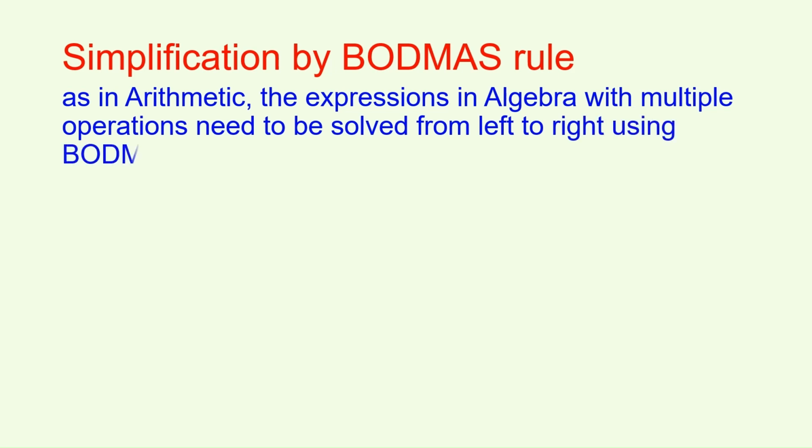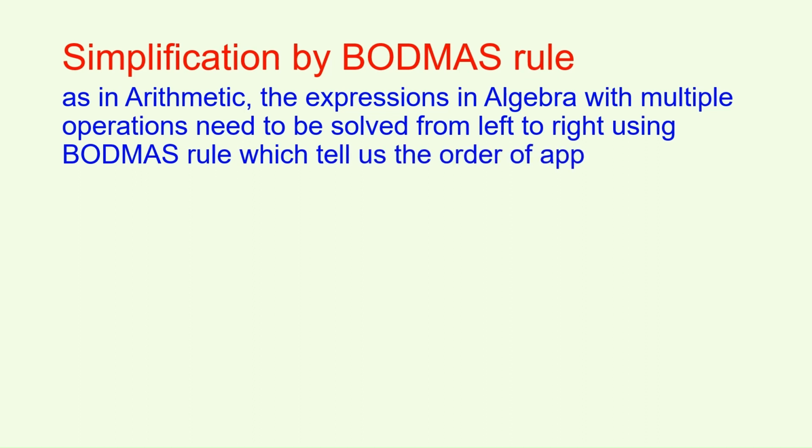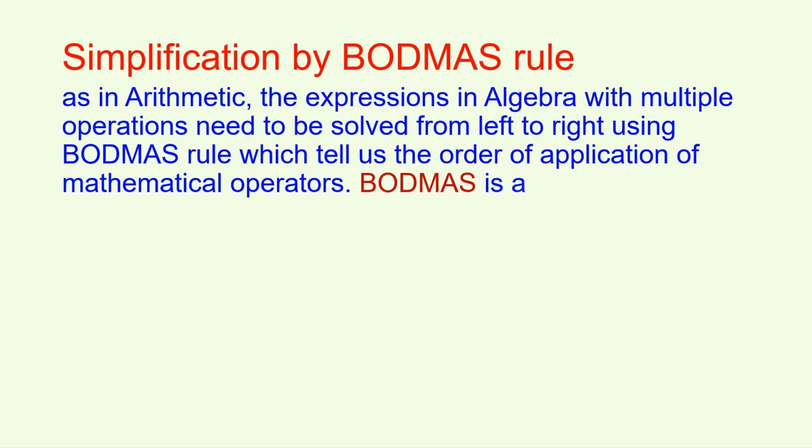As in arithmetic, the expressions in algebra with multiple operations need to be solved from left to right using BODMAS rule, which tells us the order of application of mathematical operators.